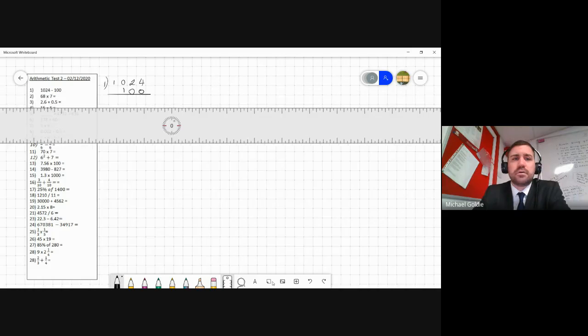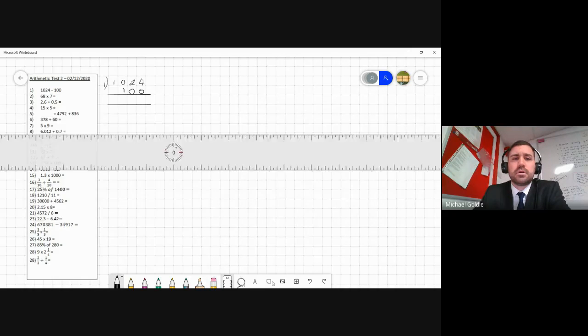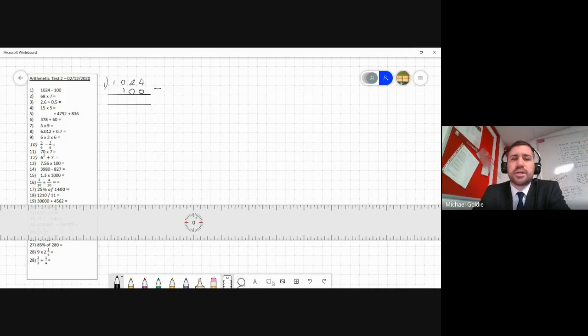Rule it off, and then work it out. 4 take away nothing is 4. 2 take away nothing is 2. 0 take away 1 you can't do. So you need to borrow from the next door, turn that to a 0, and this becomes 10, therefore making it 10 take away 1 is 9. The answer is 924.